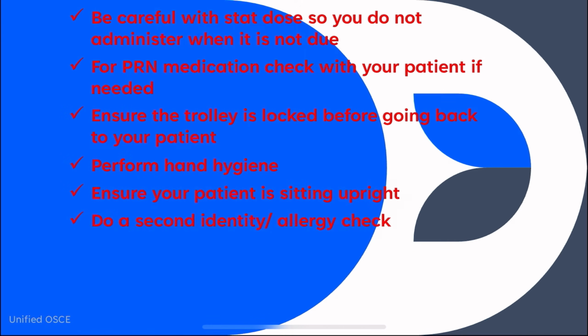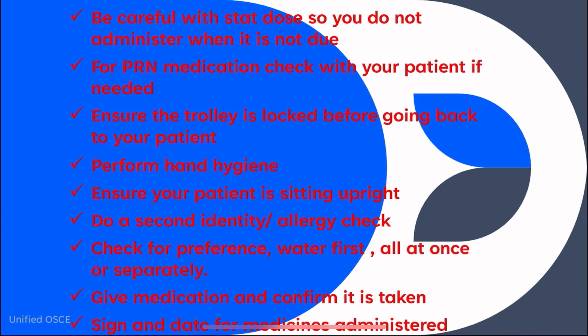Ensure your patient is sitting upright. Do a second identity check and allergy check, and what kind of reaction they have with the allergy. Check for preference. For example, do you want water first, or you want your medication separately, or you want everything at once?